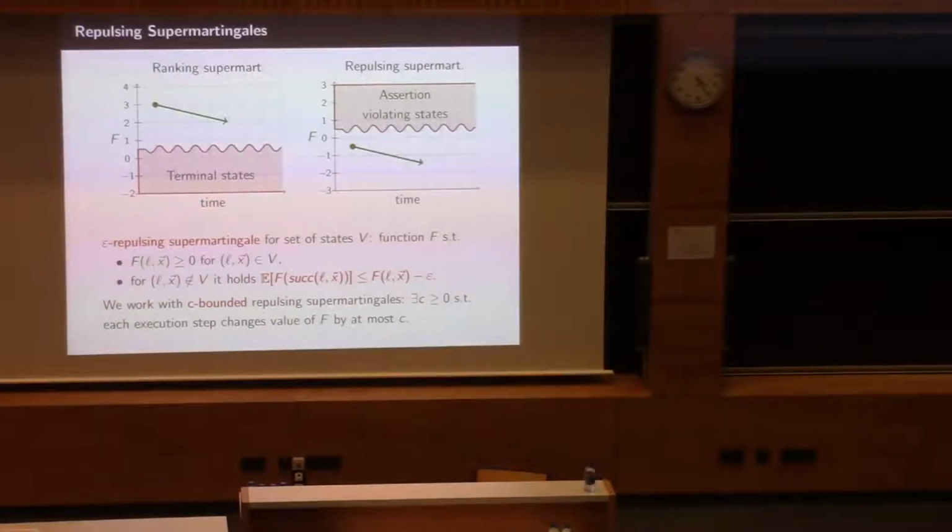This is a very intuitive argument. For this argument to actually produce something useful, we need some additional assumptions about this repulsing supermartingale. We need a so-called C-bounded assumption, which requires that there is some C such that in each step the value of this repulsing supermartingale changes by at most C.